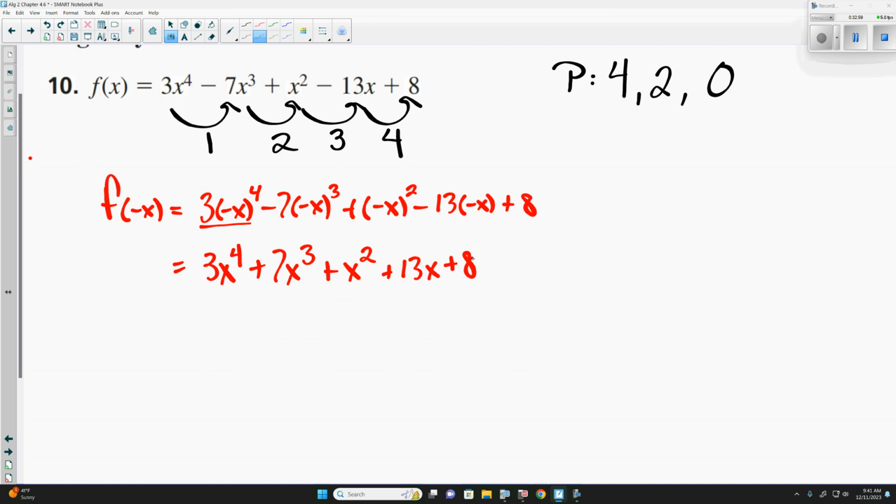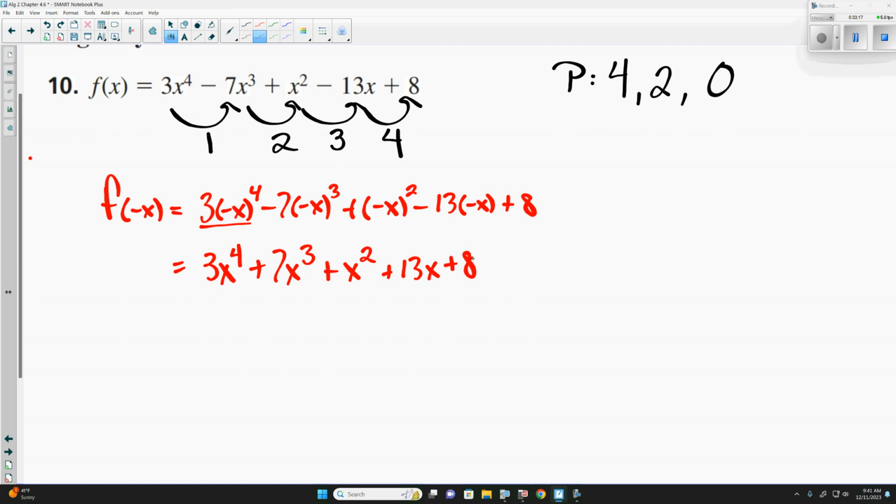Questions on this here? Now, honestly, I have a feeling I can see it on some of y'all's faces. Did we really have to write in the parentheses negative x to that power?